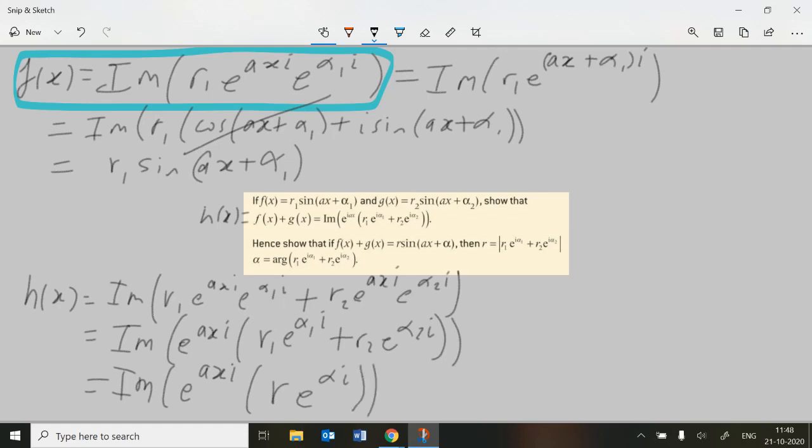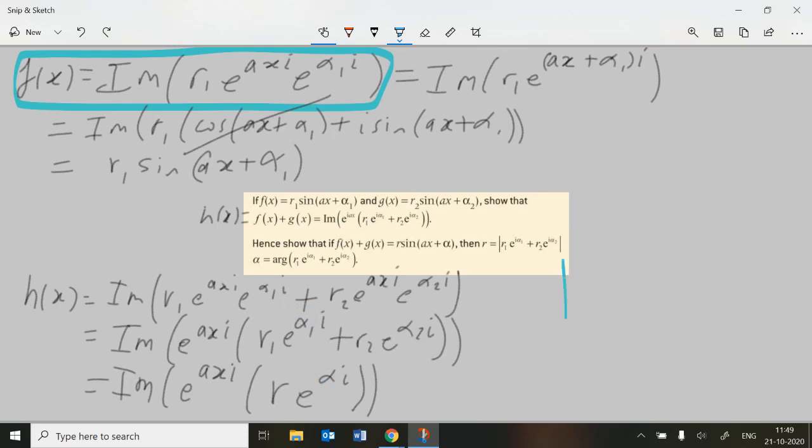Okay, and then close that one off. So now we're saying that these two complex numbers can be combined to make one complex number with the magnitude, the size of that complex number being r, whereas previously we had two complex numbers of size r1 and r2, and the direction of that being alpha, whereas previously we had two complex numbers with two different directions.